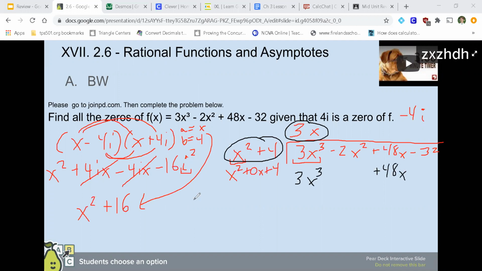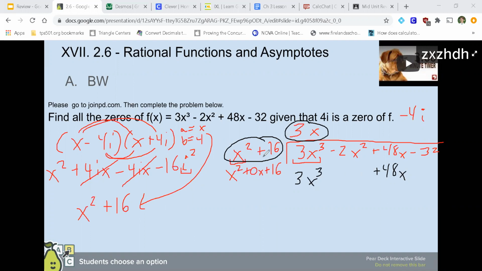Oh, I'm tired today and I don't even know why. It's not a 4, it's a 16. That's why it's 48x. I pulled that from my b value here, explaining that shortcut.